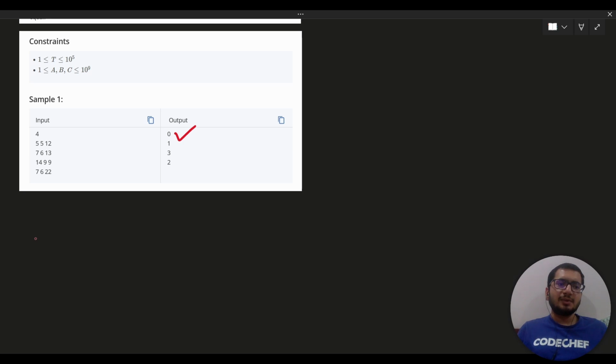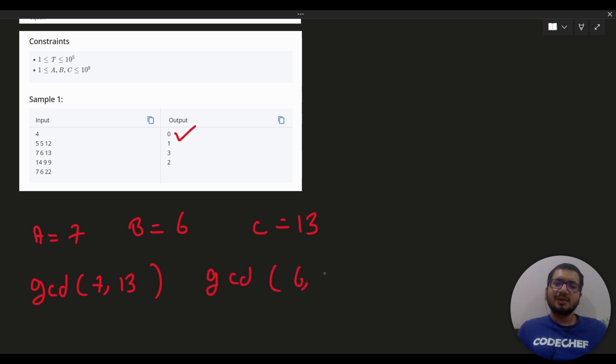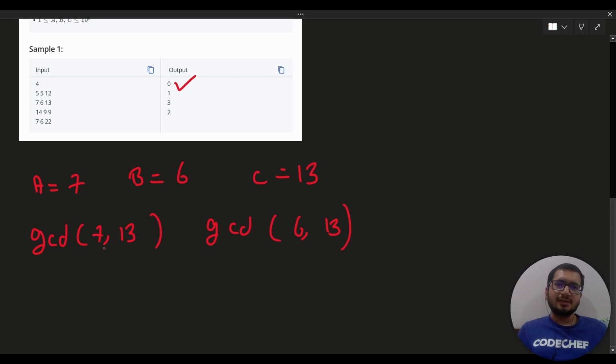For the second sample input, the value of a is 7, the value of b is 6, and the value of c is 13. Now GCD, as the name suggests, is greatest common divisor. When we do GCD of 7 and 13, or GCD of 6 and 13, we are trying to find the greatest integer that can divide both.